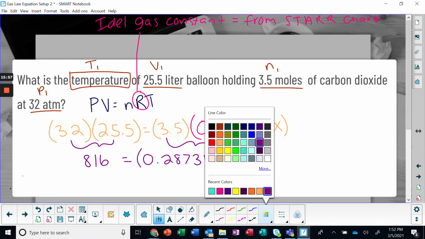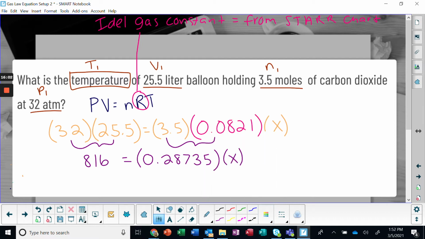Now all we gotta do is solve for X. So we solve for X by moving whatever's next to it to the other side. Remember, we gotta do the opposite function. So X is being multiplied by the number next to it, so we're gonna divide both sides by the same number.